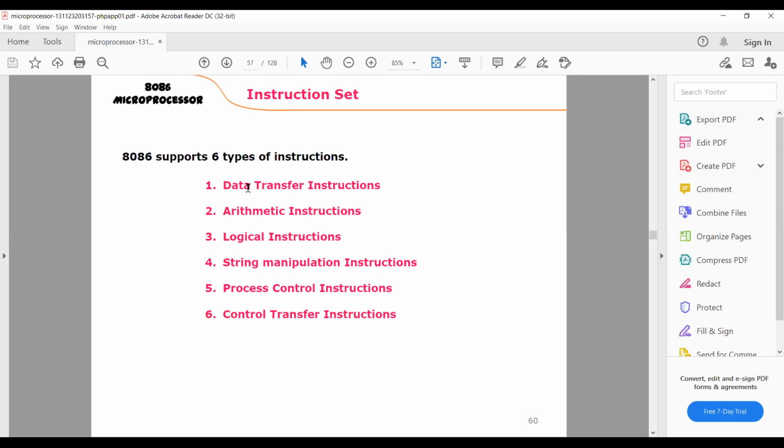Hope the topics discussed today are clear to you. We discussed the instruction format and the types of instructions of 8086, and we introduced the instruction set of 8086 microprocessor and the different categories of instructions present in the 8086. We'll stop here for today.